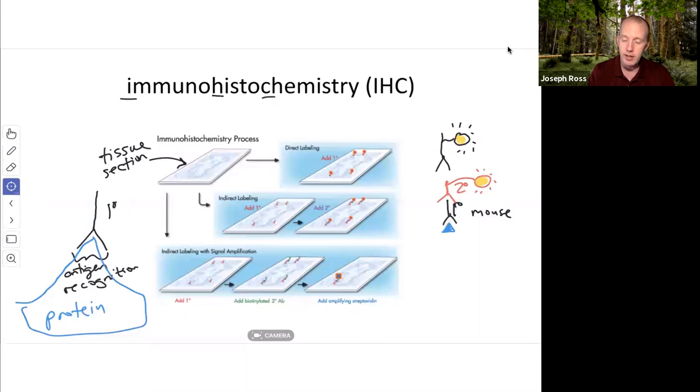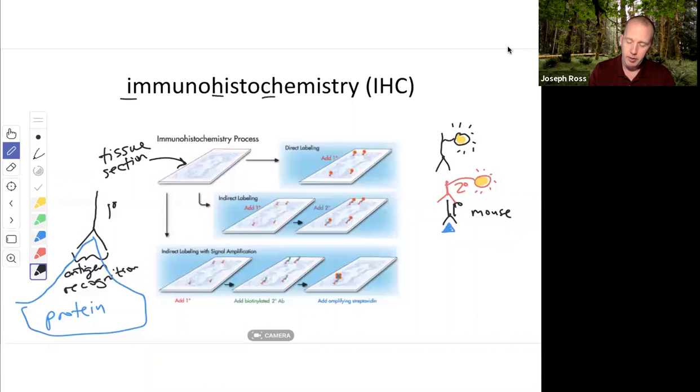And the reason to do this again is because it's easy to make secondary antibodies that recognize any mouse antibody. And so companies can manufacture these and couple them to all sorts of different fluorescent molecules or enzymes.